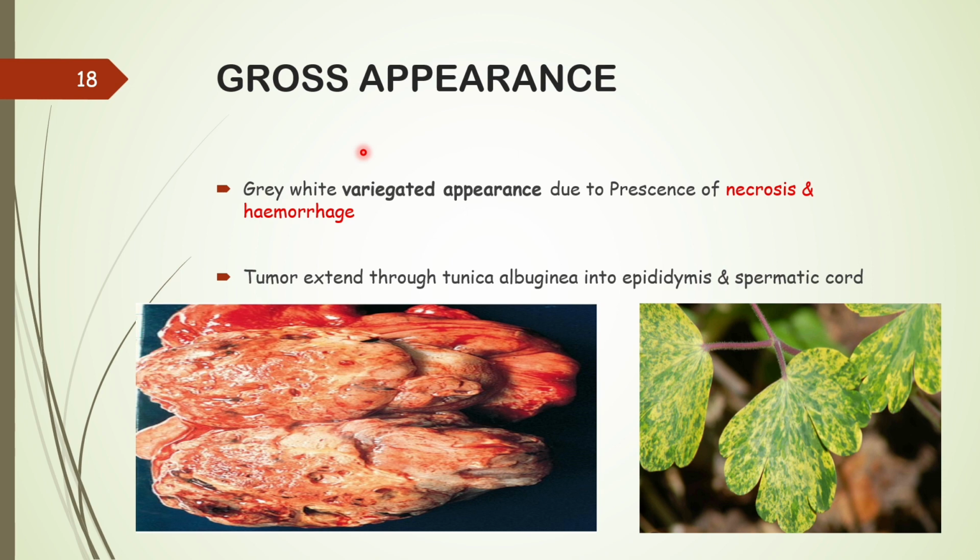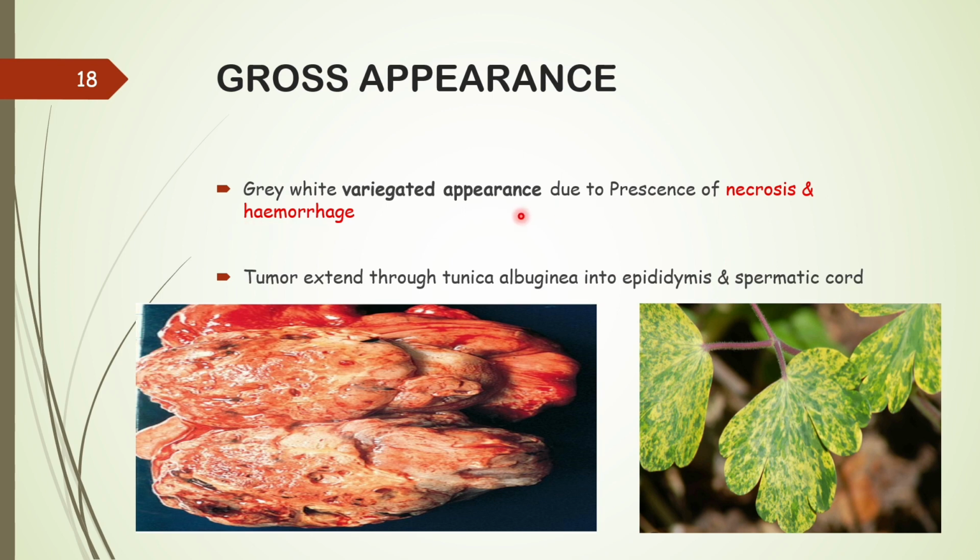What is the gross appearance? Grossly it shows a variegated appearance. What is variegated appearance? Variegated appearance is shown in this leaf. Different zones of color are present in this leaf. So that is variegated appearance. And why is such an appearance seen in this tumor? Because we know that malignant tumors usually show necrosis and hemorrhage grossly.